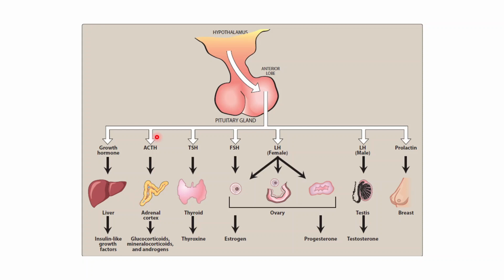For example, with adrenocorticotropic hormone, the glucocorticoids are synthesized in the adrenal cortex, while thyroid hormones, thyroxine and triiodothyronine, are synthesized in the thyroid.